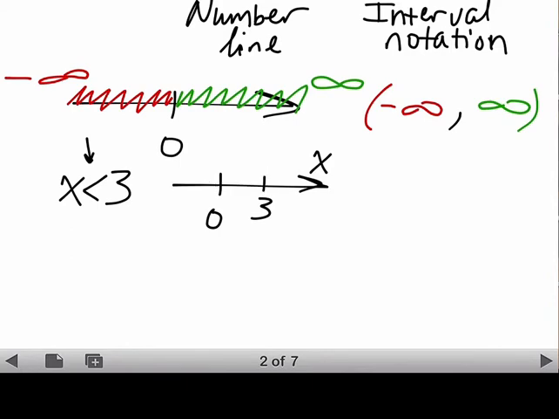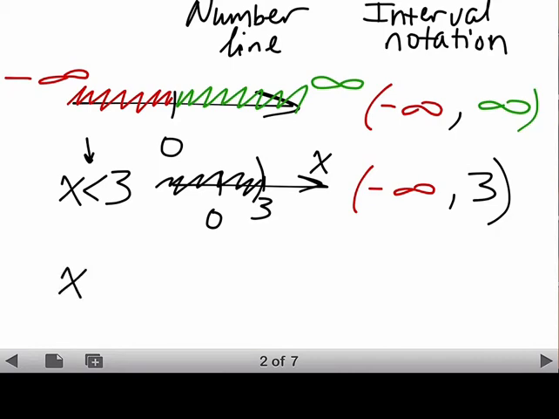But we're not going to use that. We're going to use a parenthesis and shade to the left. The interval notation for this is going to be negative infinity, comma, 3, with a parenthesis at negative infinity and a parenthesis with the 3.